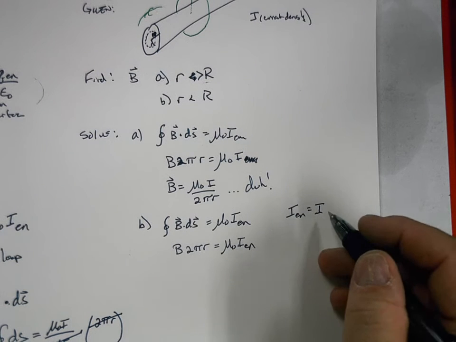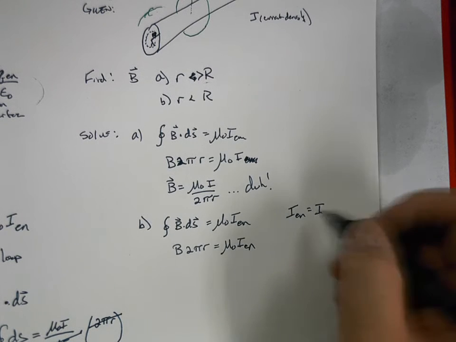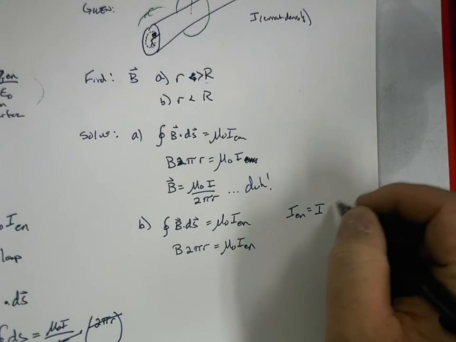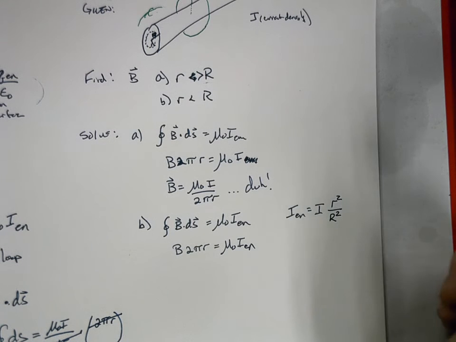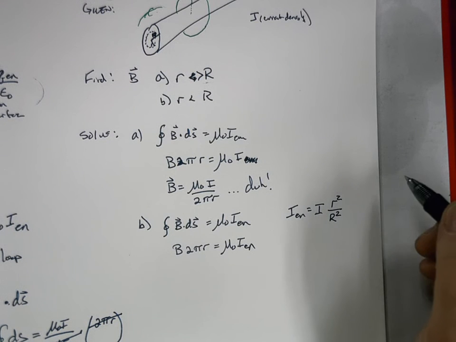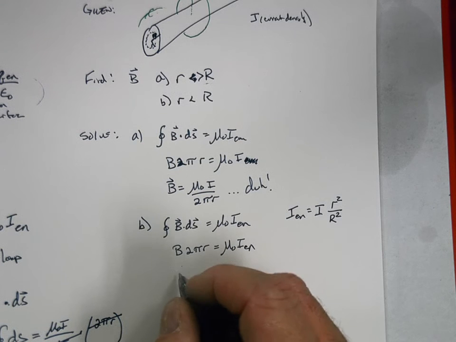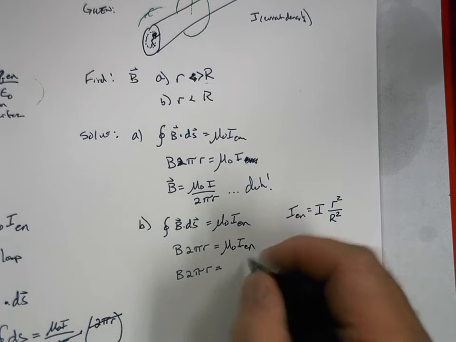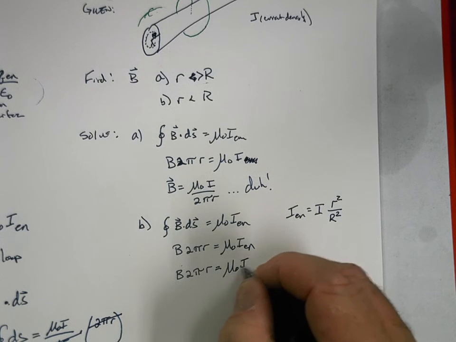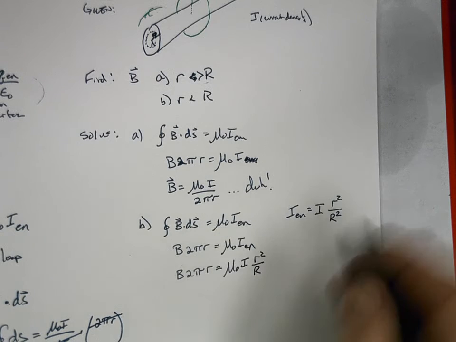Okay, our I enclosed is going to equal the ratio of the areas, the total current times the enclosed area over the total area. So this becomes mu naught I r squared over R squared, and one of those r's goes away.